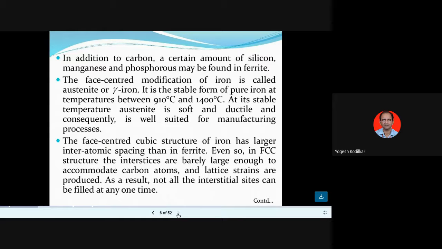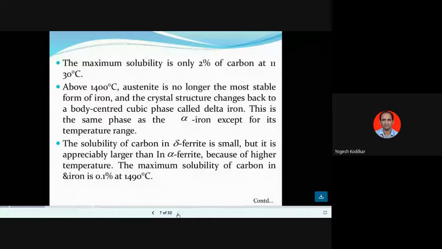The face-centered cubic structure of iron has longer or larger interatomic spacing than in ferrite. Even so, in the FCC structure, the interstices are barely large enough to accommodate carbon atoms, and lattice strains are produced as a result, so not all the interstitial sites can be filled at any one time. That is the FCC structure of iron, that is gamma austenite.